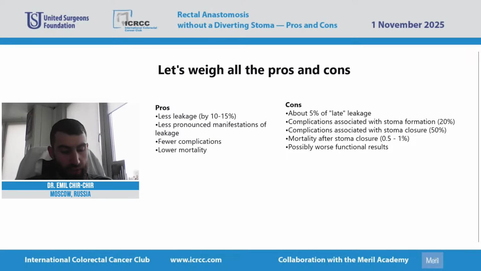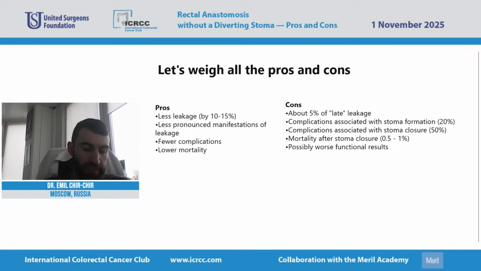Thus, over time, we have formed a certain understanding of the pros and cons of preventive stomas, which ultimately led to the question: what if preventive stomas are not needed for all patients with low colorectal anastomosis?